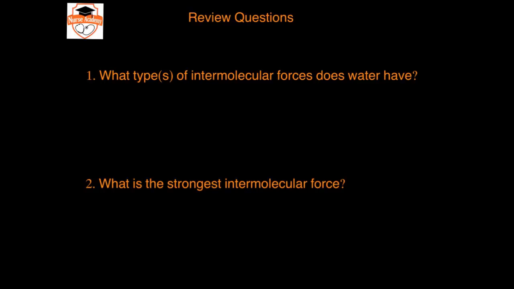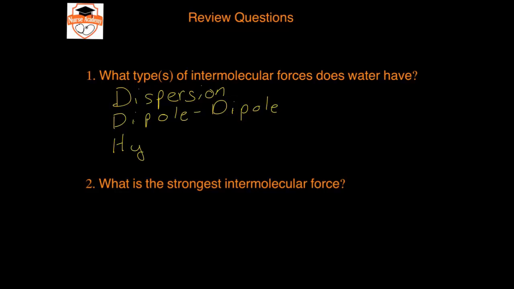Water has them all. It has dispersion forces because it has covalent bonds. It has dipole-dipole interactions because it has dipoles. And it has hydrogen bonding because it has an oxygen with hydrogens attached. So it has all three types of intermolecular forces.